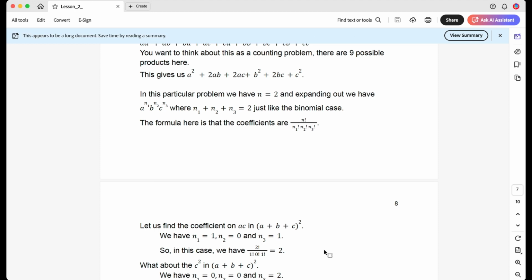So we have one occurrence of A, 0 occurrences of B, 1 occurrence of C. So we really don't have any repeats here, but we can plug into the formula. The total here is 2, so the numerator is 2 factorial. Denominator is 1 factorial, 0 factorial, 1 factorial. And so we just end up with a 2.